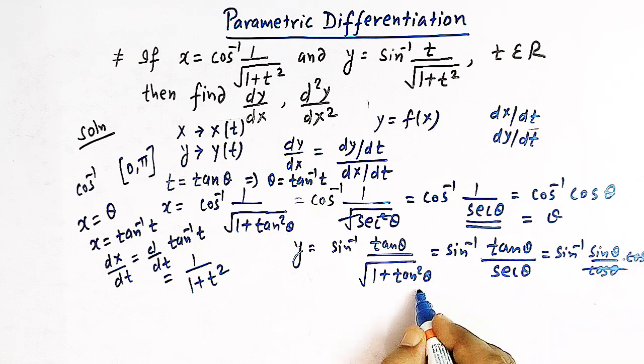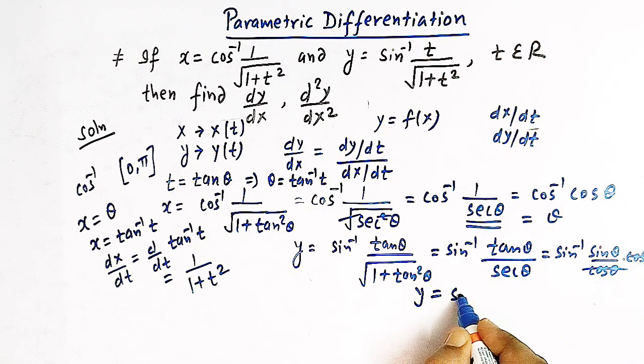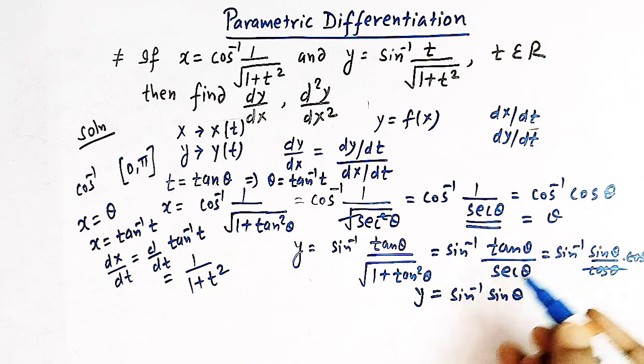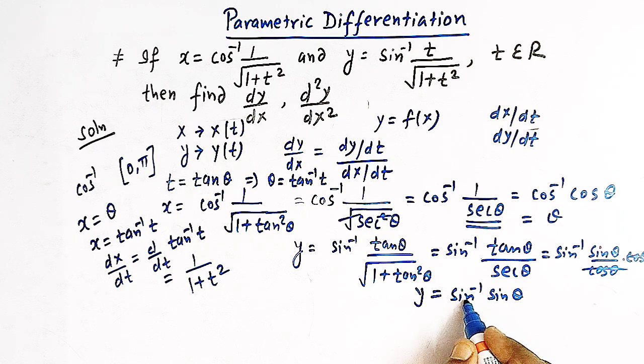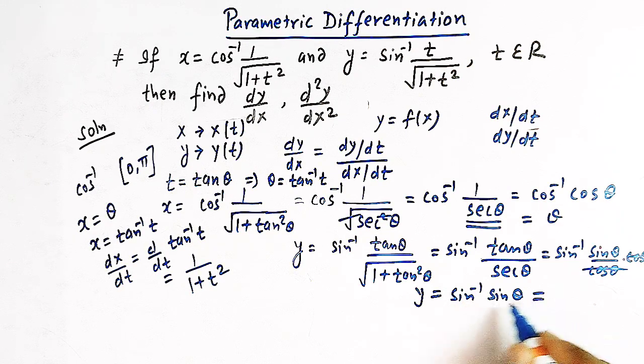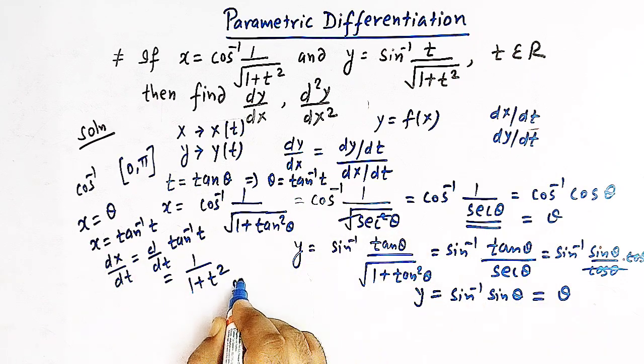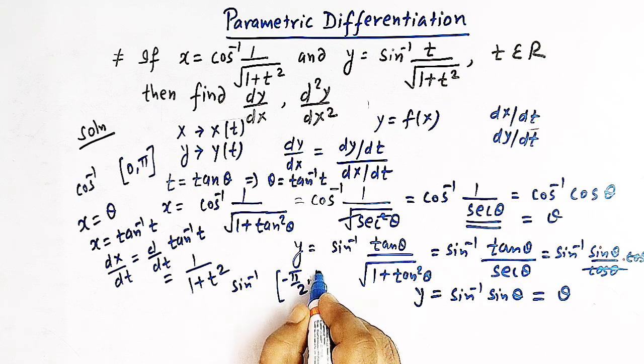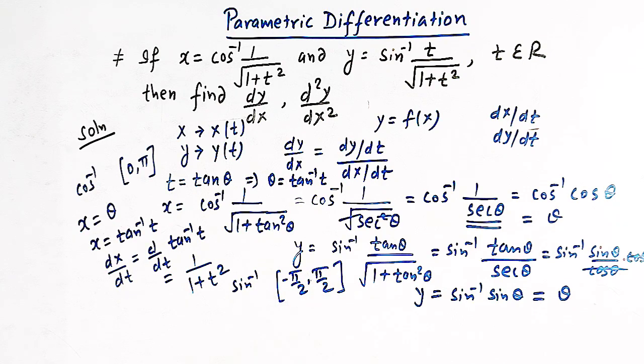So cos theta and cos theta cancel. We have y is equal to sine inverse sine theta. Again, from inverse trigonometric functions, sine inverse and sine cancel and we are left with theta, provided the principal value branch of sine inverse is from minus pi by 2 to pi by 2. So y is equal to theta, and theta is equal to tan inverse of t.